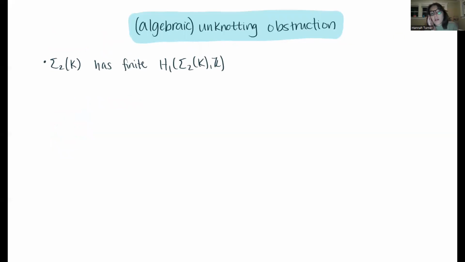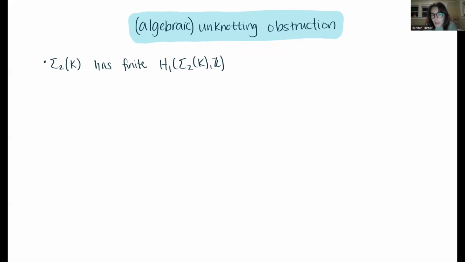So what we actually want is something which can obstruct untwisting number 1, or what we'll actually show is that algebraic untwisting number 1 is obstructed in this particular case. And this obstruction is originally due to Licorice and was generalized by Borodzik-Friedl to the algebraic unknotting situation.